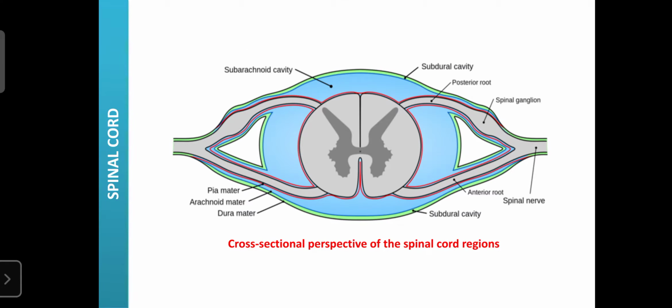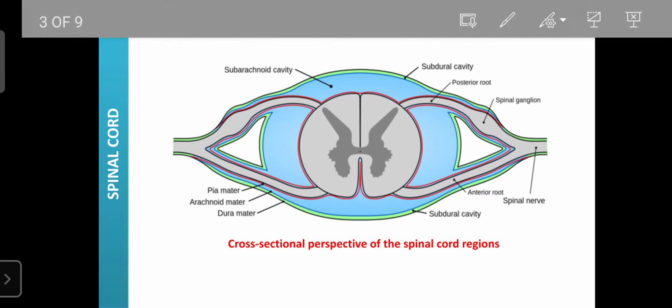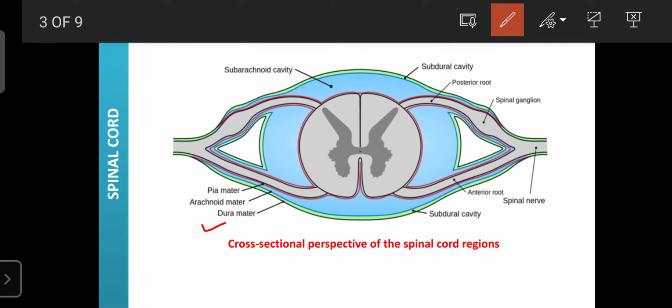Next, regarding the cross sectional view of the spinal cord. This is the typical cross sectional view. It consists of three layers, that is the dura mater, arachnoid mater, as well as the pia mater. Like the cerebral cortex or brain, which is also covered with three layers, the same layers extend toward the spinal cord, so the spinal cord is also covered by three layers.